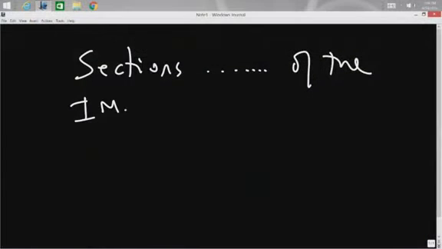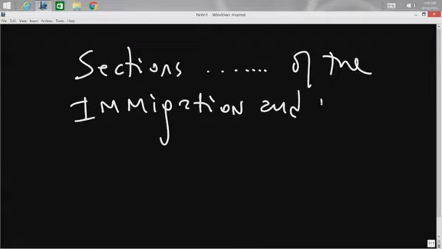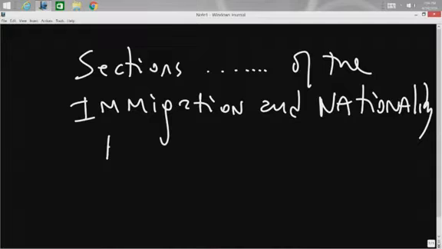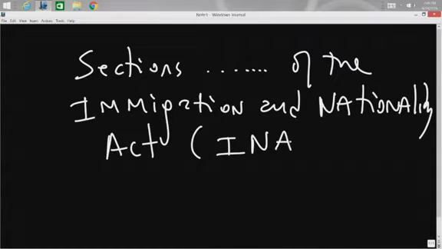So you have two options when you hear a number of sections, section blah, blah, blah, of the Immigration and Nationality Act. Sometimes it's abbreviated as INA, okay? They even abbreviate it to make it more difficult.